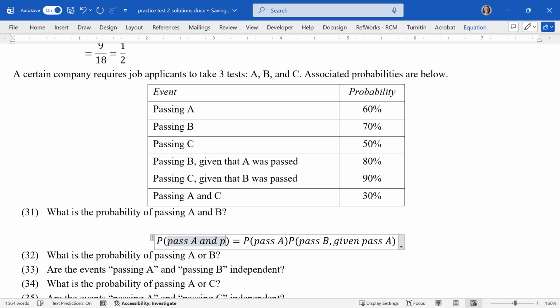Pass A and pass B. So I'm going to do probability of passing A times probability of passing B given that you've passed A. So the first one is 60%. It's the first row in the table.